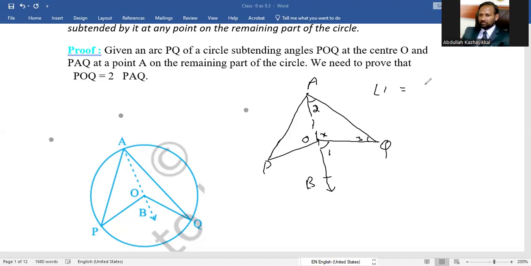So angle 1 is equal to angle 2 plus angle 3, not the adjacent angle. Many times I told you, don't say 1 is equal to 2 plus 3, sir, for now. So the exterior angle is clear, I think.